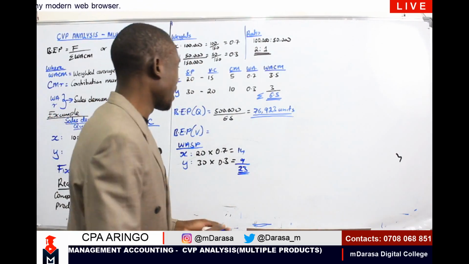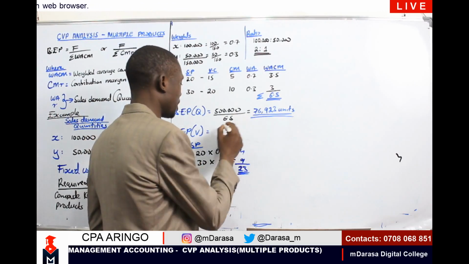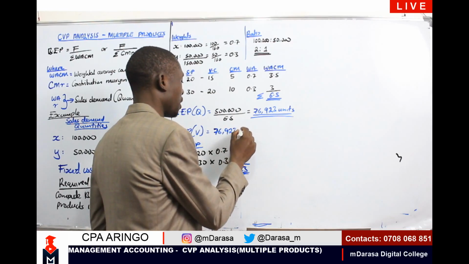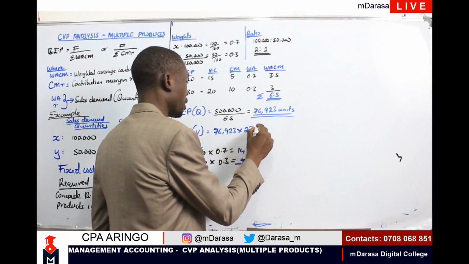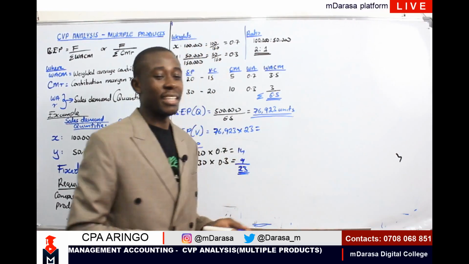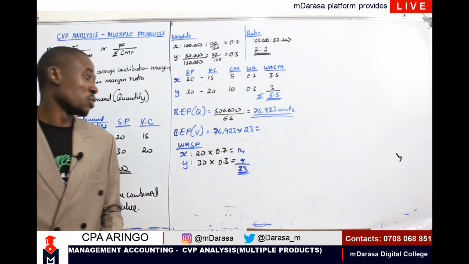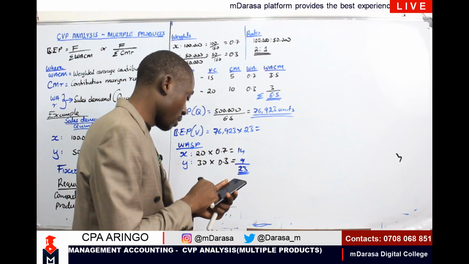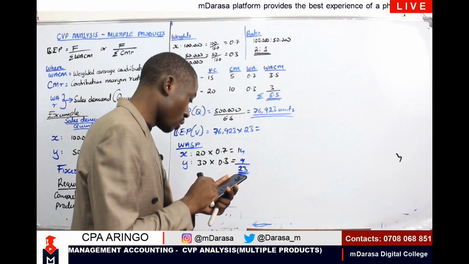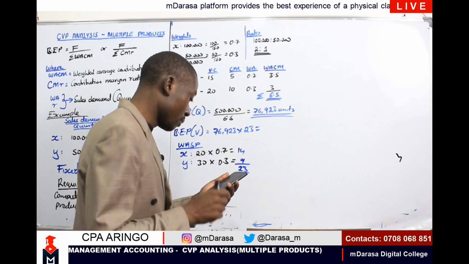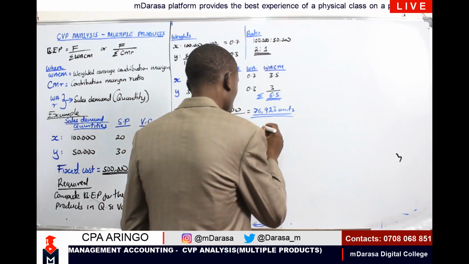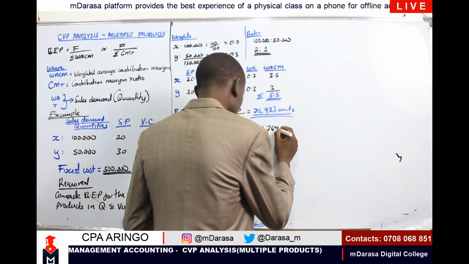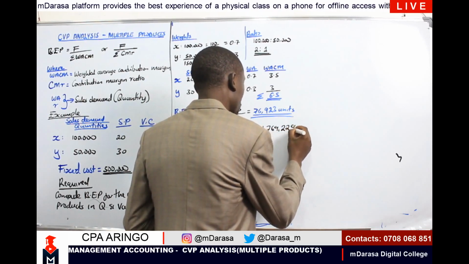So confidently, I'm going to take our break-even point in quantity, 76,923. We multiply by 23. As simple as that, we multiply by 23, to give me a figure of how much? 1,769,229.